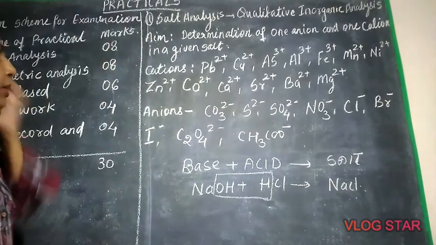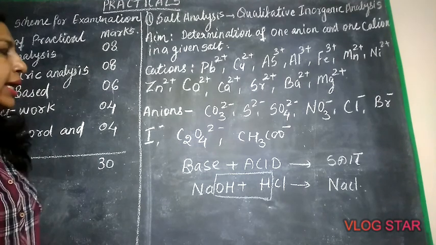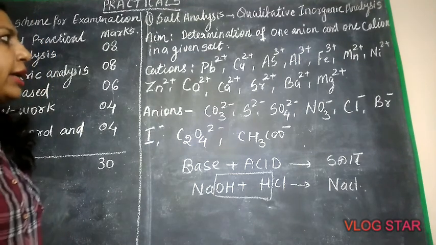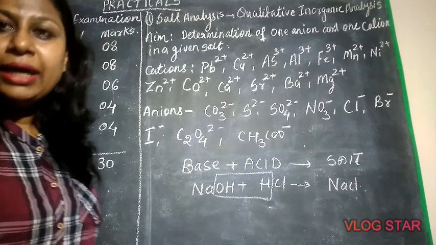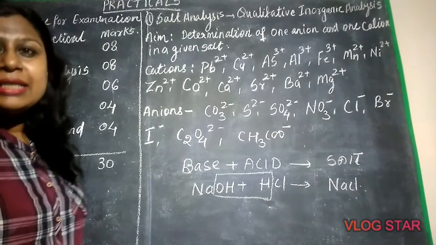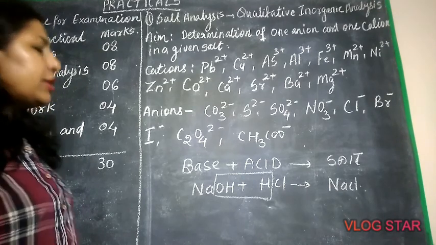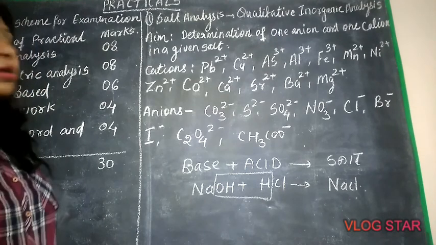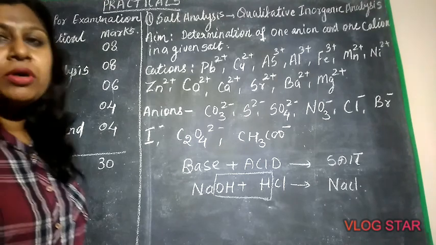Cations like Pb2+, Cu2+, As3+, Al3+, Fe3+, Mn2+, Ni2+, Zn2+, Co2+, Ca2+, Sr2+, Ba2+, Mg2+.